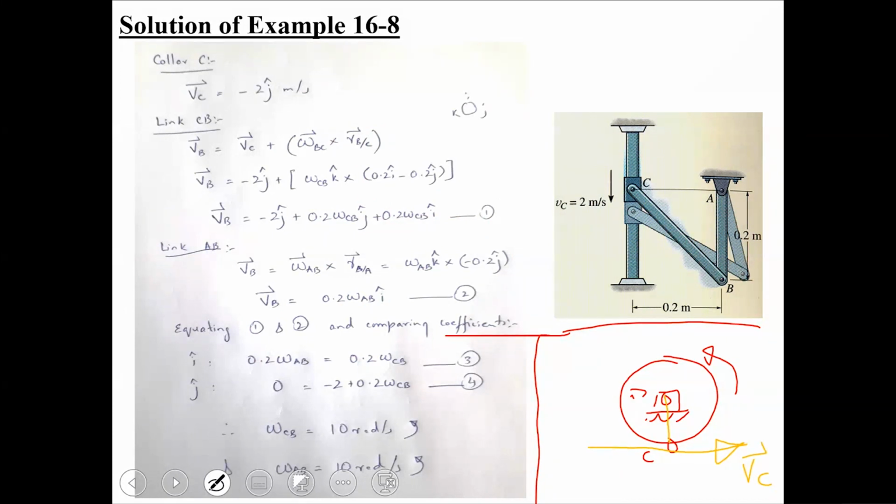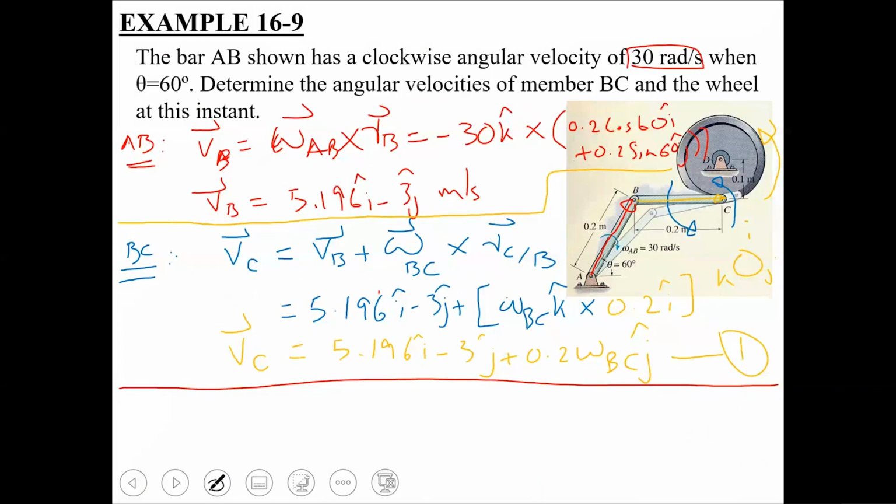Yes sir. So आपको मैग्नीट्यूड तो नहीं पता, but you can write VC to be equal to VCI, isn't it? Yes sir. Okay, so in this equation, we can write VC to be equal to VCI. क्या मैं लिख सकता हूँ VC vector को as VCI?